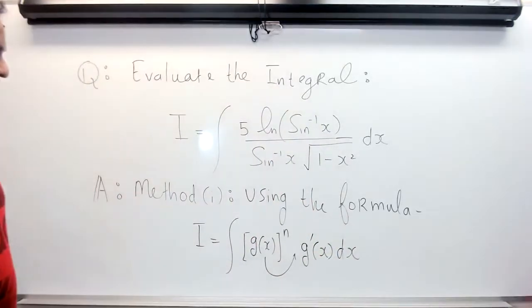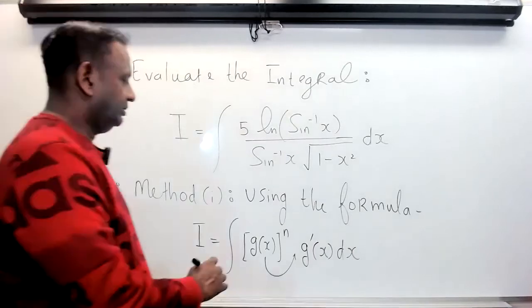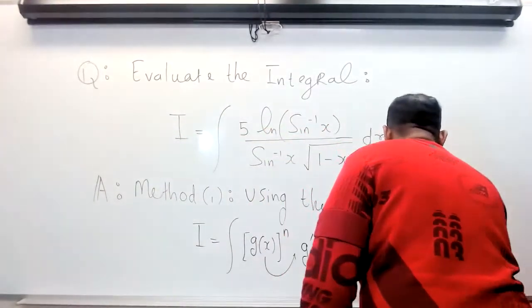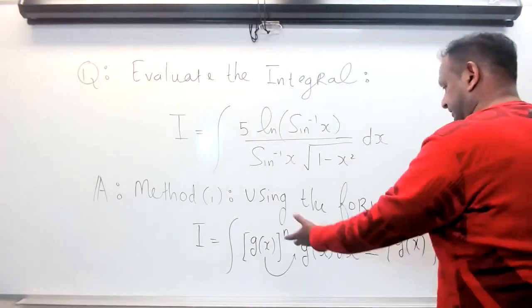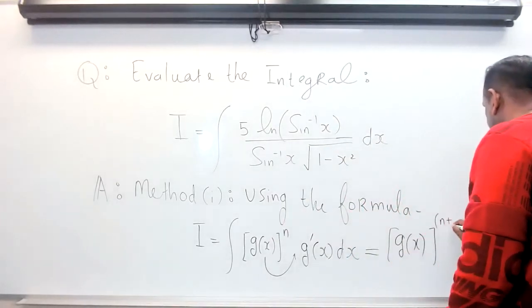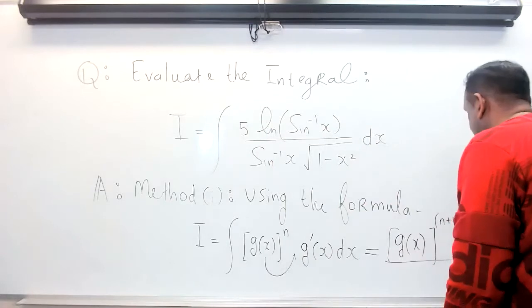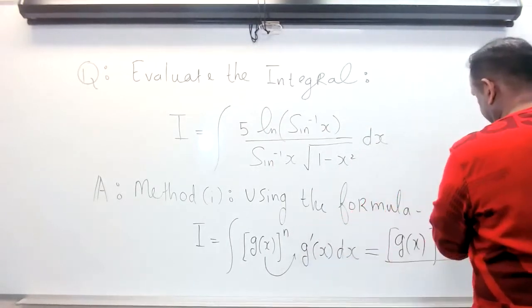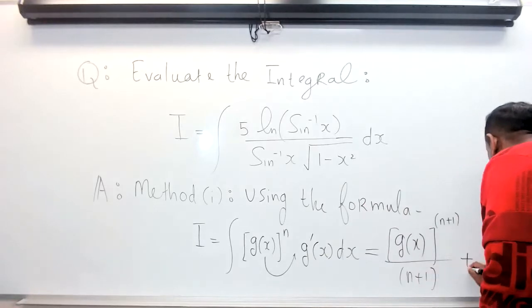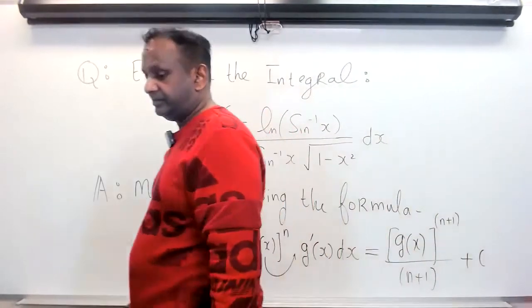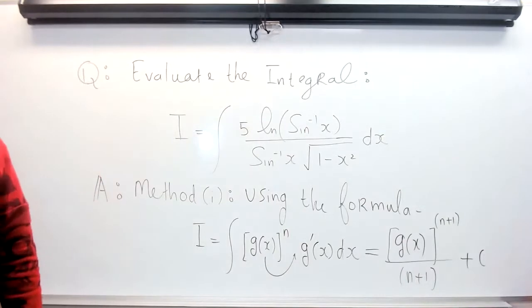In this format, you can simply write your answer: g(x) raised to the power of one more than given, divided by the same thing, plus c. That's the formula.